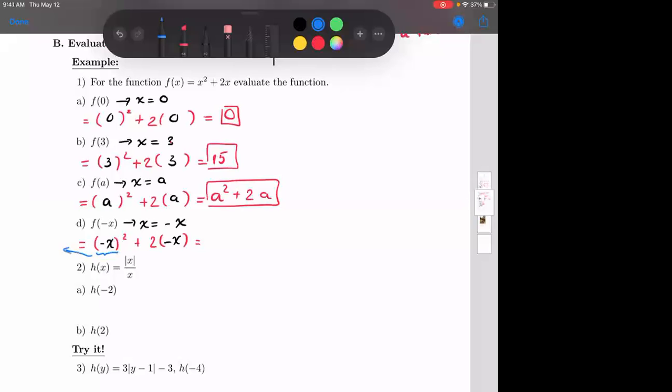So this implies I have negative x times negative x, which is positive x squared, right? That's why I use parentheses. On the exam, I see this very classic mistake. Don't write this down. A lot of people will do this. They write negative x squared plus 2 times negative x, and then they say negative x squared is negative x squared, and 2 times negative x is negative 2x, which is wrong, right?